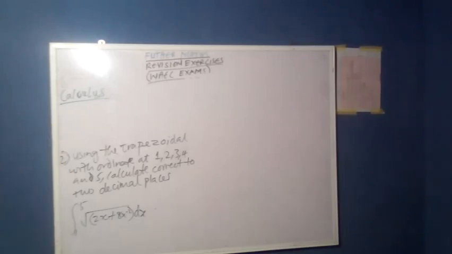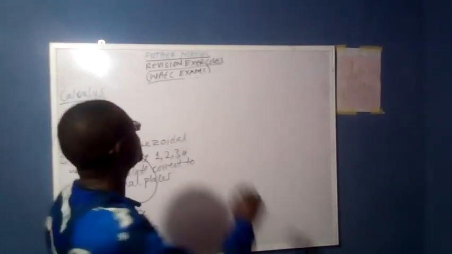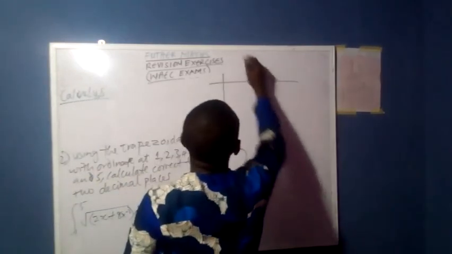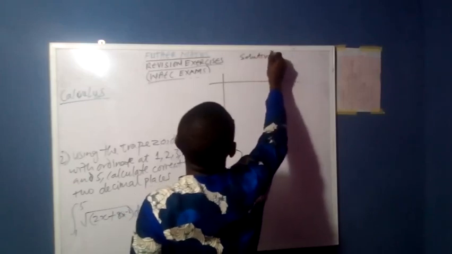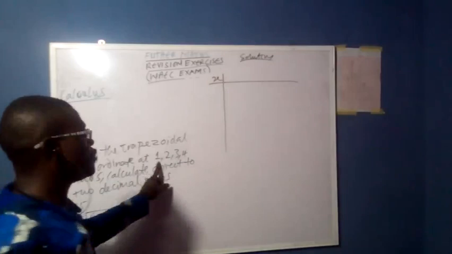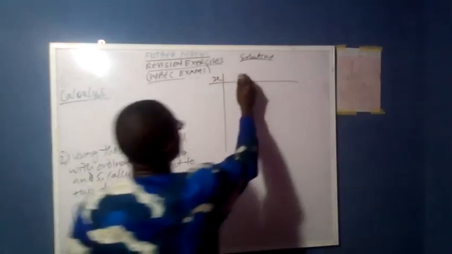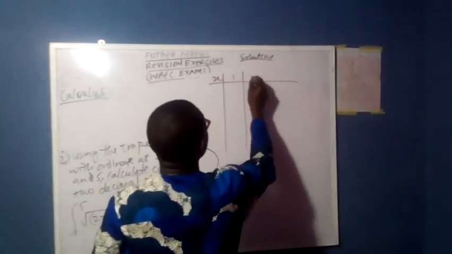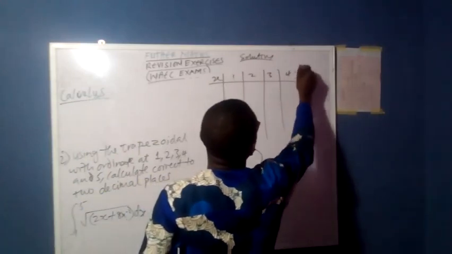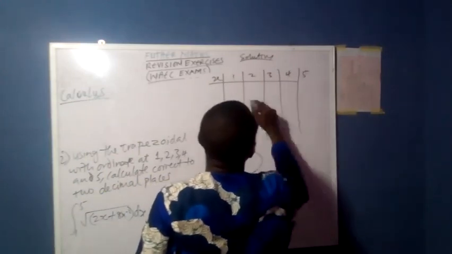So let's quickly check it out. How do we use the trapezoidal rule? Without wasting much of our time, let us take the table. We have values of x ranging from 1 to 5, so that's 1, 2, 3, 4, 5.